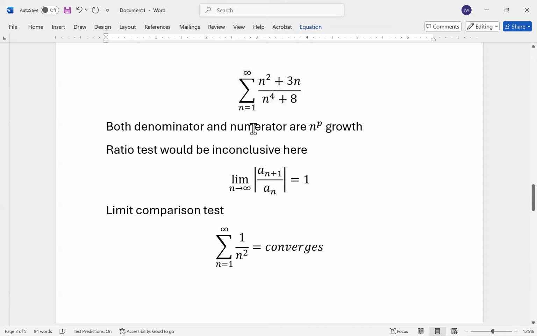So when we talk about faster order of growth, we mean growths of different types, like exponential versus factorial, n to the p versus exponential, natural log of n versus n to the p, that type of thing.